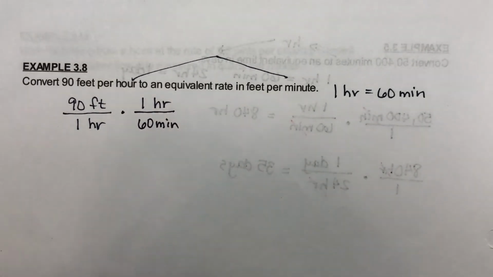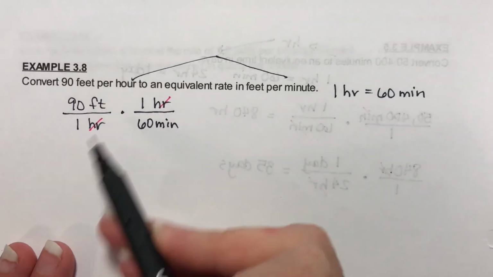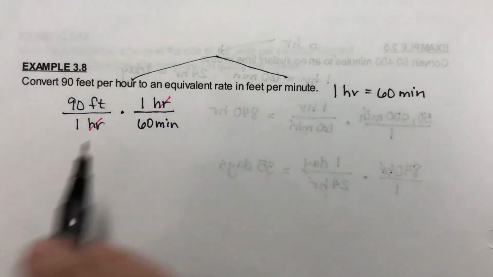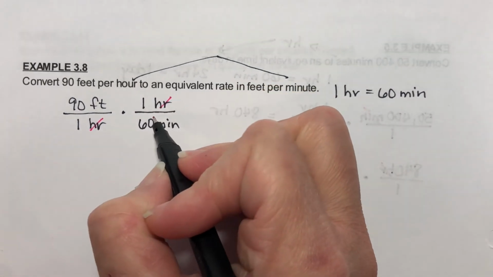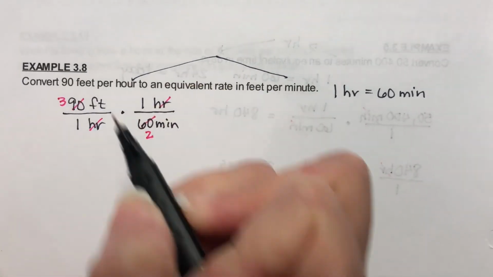Okay, now my hours cancel out, and those are both ones. So really I have 90 feet over 60, and I can reduce these. If I divide this by a 30, I get a 2. Divide this by a 30, and I get a 3.